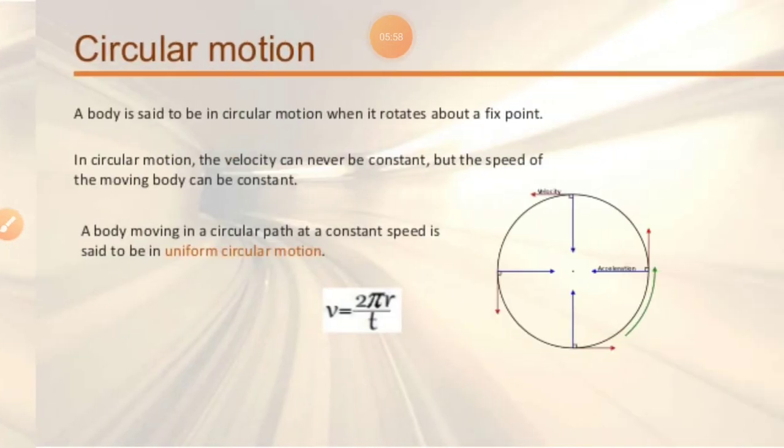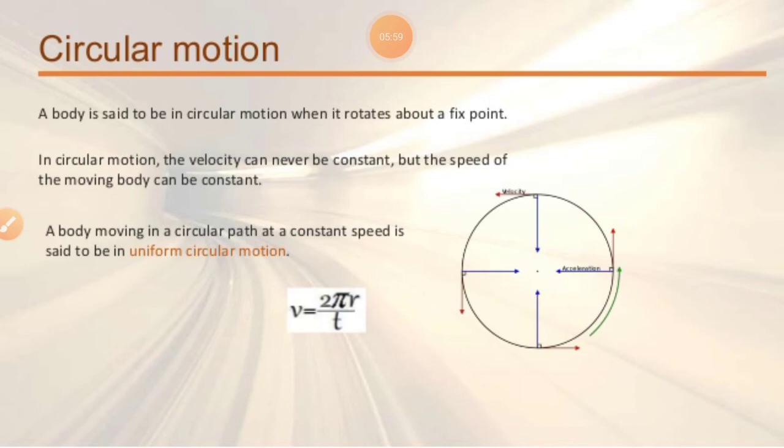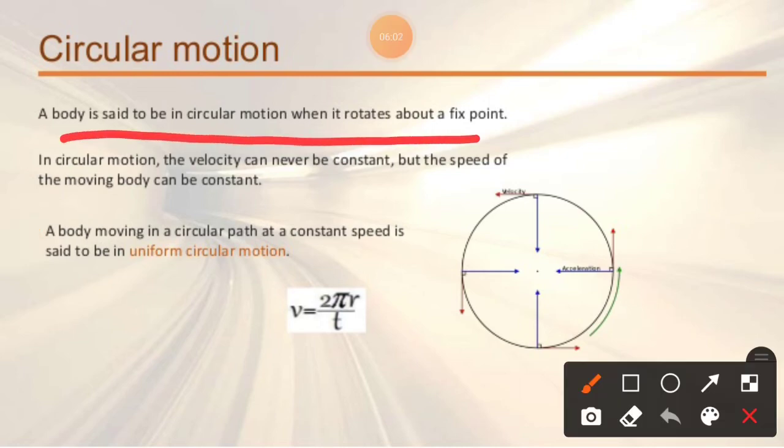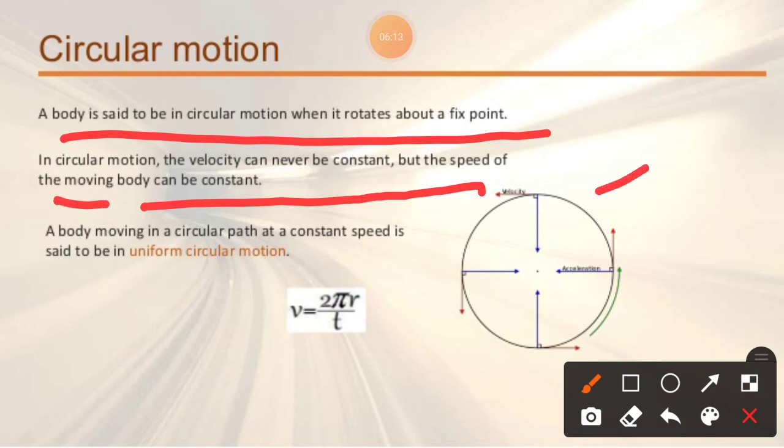Now the last topic of this chapter is circular motion. A body is said to be in circular motion when it rotates about a fixed point. In circular motion, the velocity can never be constant, but the speed of the moving body can be constant.